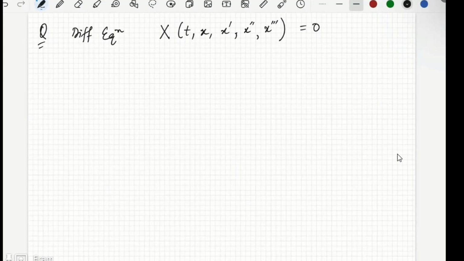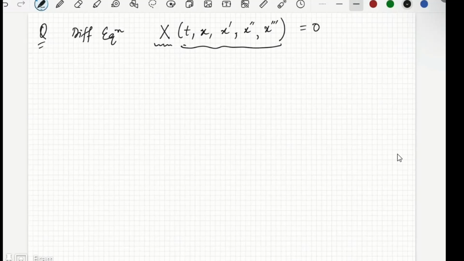So this is one differential equation, an ODE with variables t, x, x dash, x double dash, x triple dash.